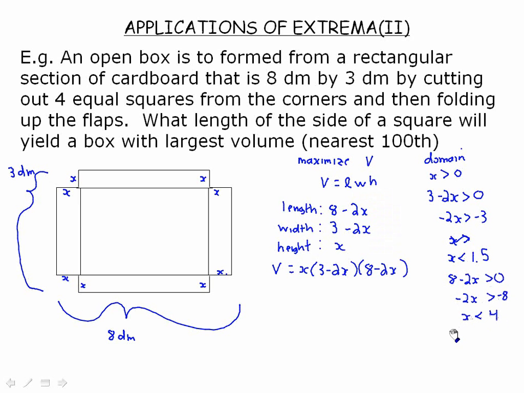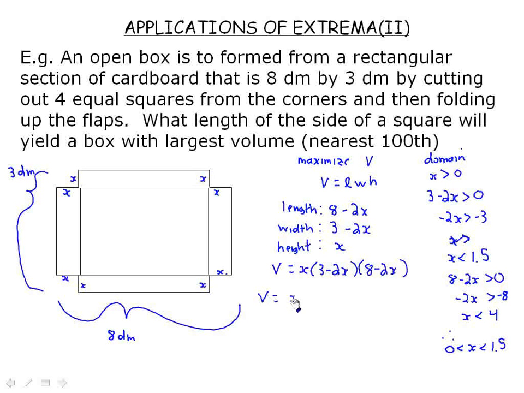Taking this all together, you're looking for numbers that are greater than 0, but less than 1.5 and less than 4. To simplify, we would write it like that. It has to satisfy all three conditions, so you don't have a number like 3, which is less than 4 but not less than 1.5. So we're in business.